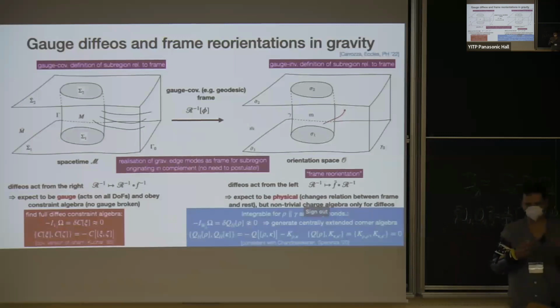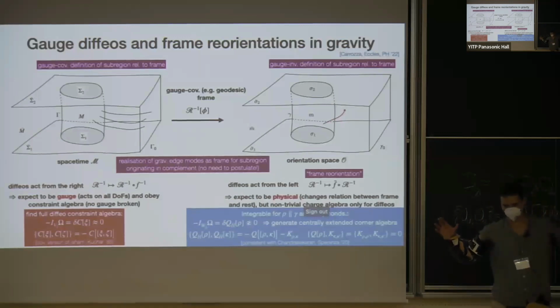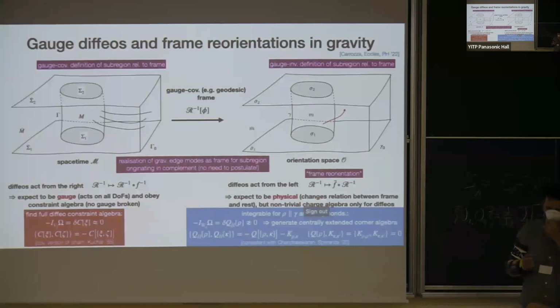What you would have to do, and it turns out you always need some non-locality of the frame, is this: you have the finite subregion you're interested in. You can look at another finite subregion that is larger and contains it. Then you define that larger subregion relative to the dust frame, and from that larger boundary you shoot in geodesics to define the smaller subregion. It sounds a bit complicated at first, but you need the frame to be somewhat non-local.